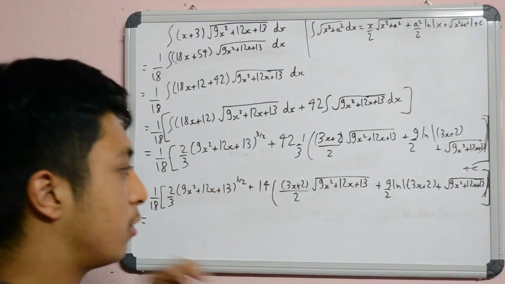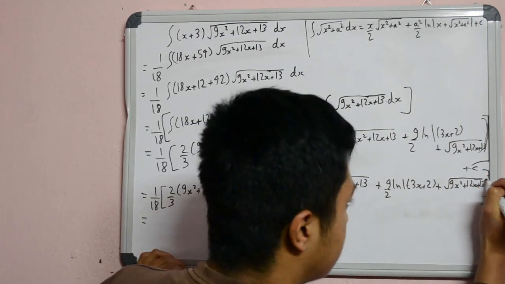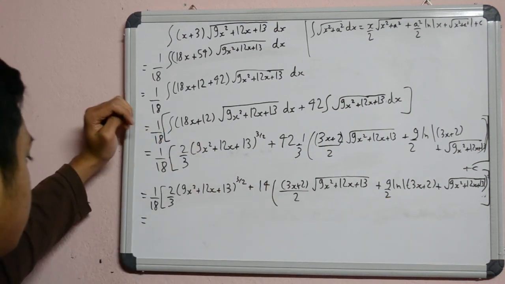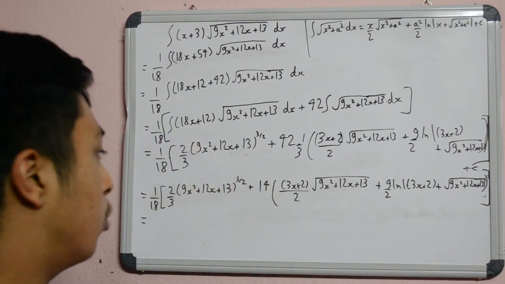So brackets are a bit confusing, but the modulus sign ends here, then bracket, then that, and I think we can just directly open everything.